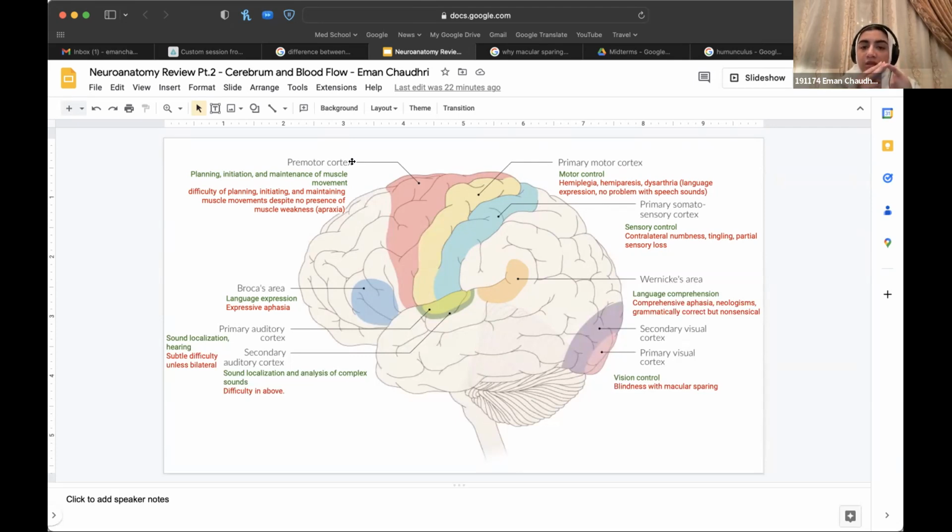So when there's an infarct or ischemia in this area, there's going to be difficulty planning, initiating, and maintaining muscle movements, despite no presence of muscle weakness. They just cannot perform the movement that they want to perform. There's no problem in actually moving on their own. Maybe the power of the muscle is perfectly fine otherwise.